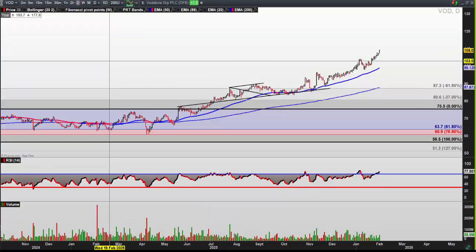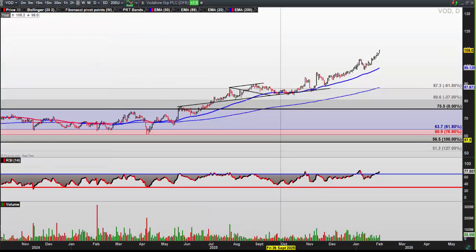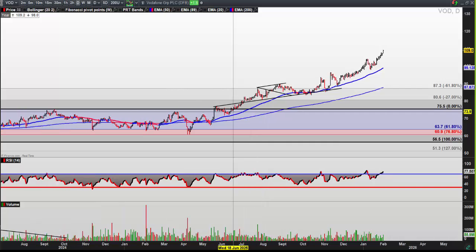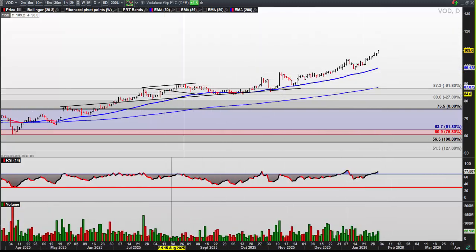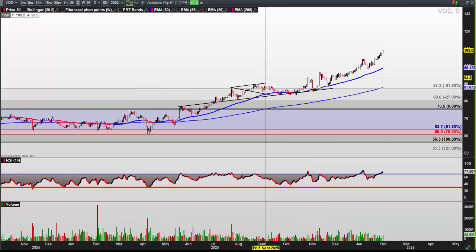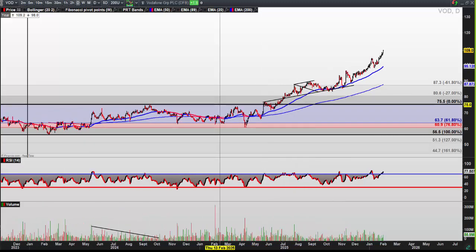Wow, that's good. Look how it hugs this 50-day average. Since May last year, we've only been under the 50-day average a couple of times, and now we're running away from it. Where do I think Vodafone is going to go?